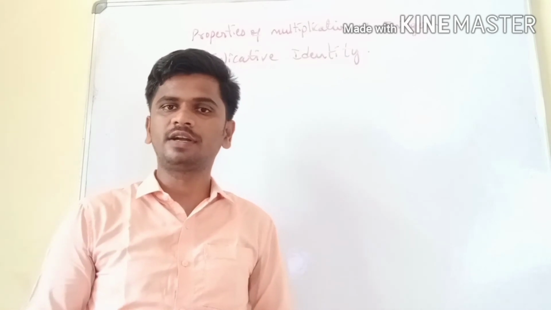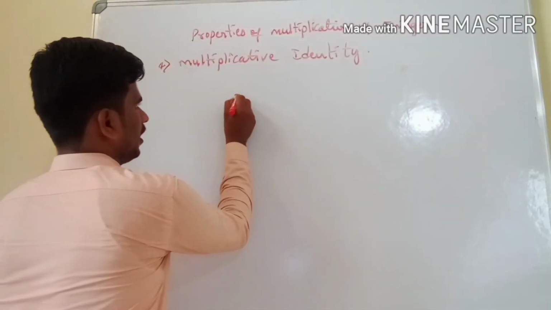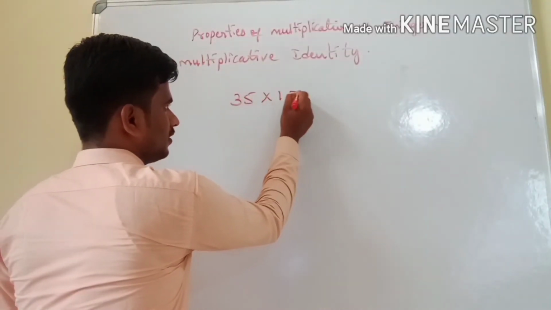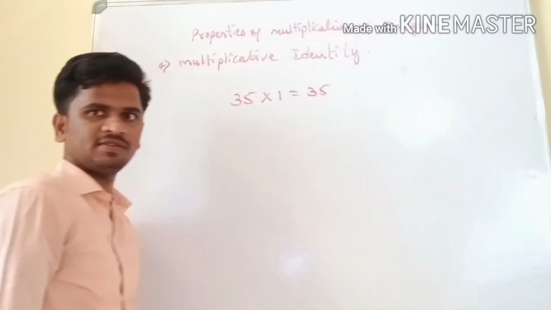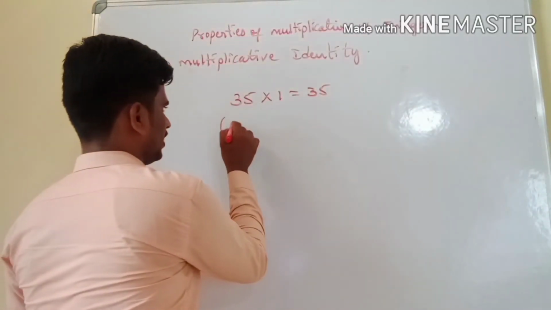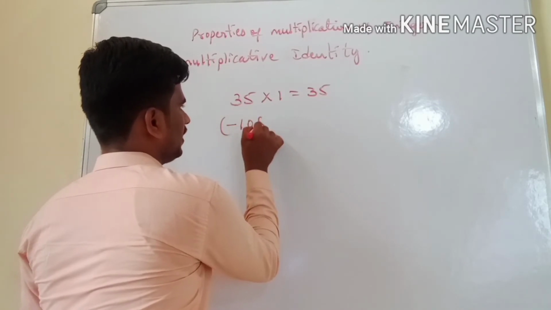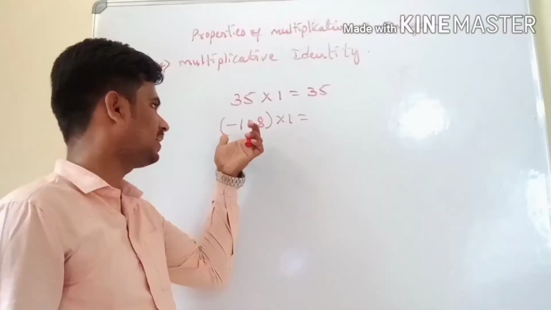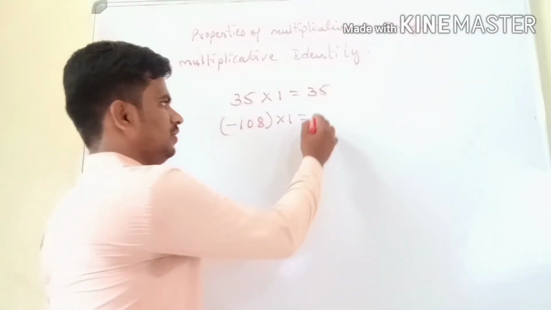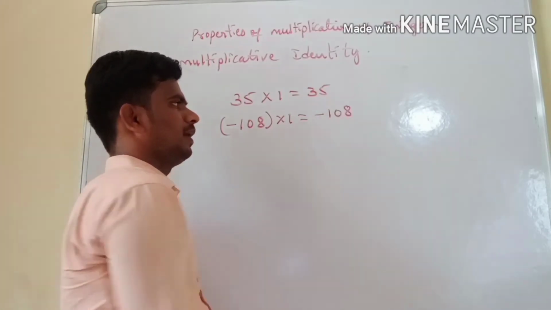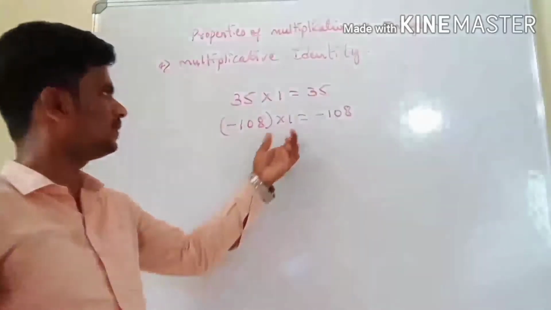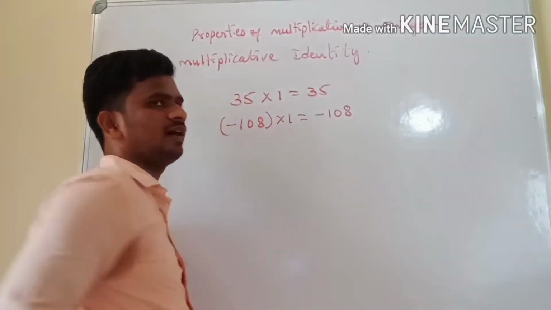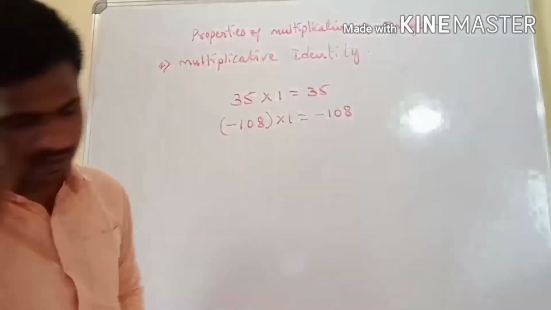You will get that number itself. For example, I will consider 35. If you multiply 35 with 1, obviously you are getting the same number, 35. We can take a negative value also. Minus 108 into 1. Its value will be minus 108. This is the speciality of the multiplicative identity. That's why we call 1 the multiplicative identity.